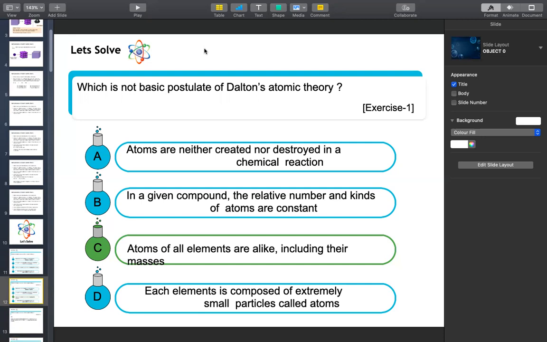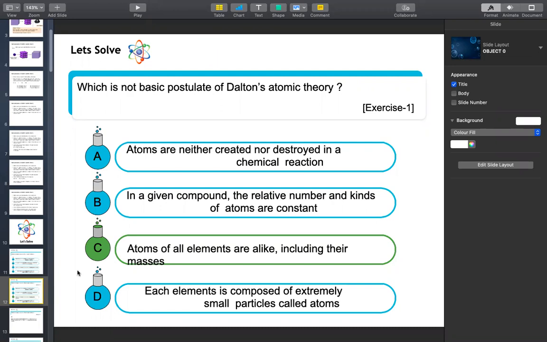In a given compound, the relative number and kinds of atoms are constant. Yes, relative number constant means atoms always combine in a fixed proportion. He said that thing. But isn't that the law of constant proportion, given by Lavoisier?